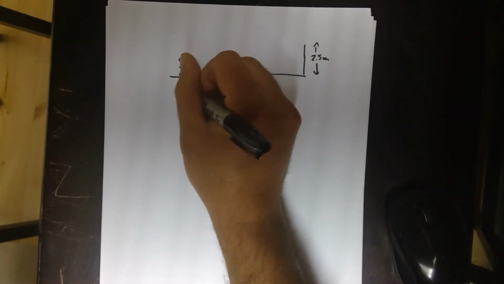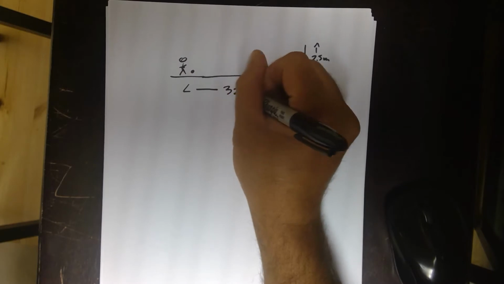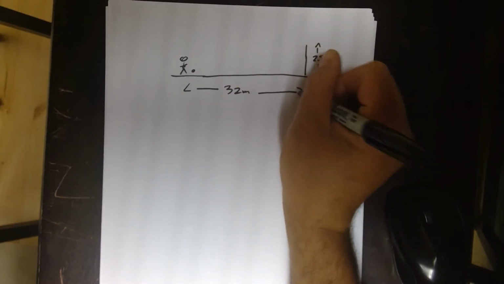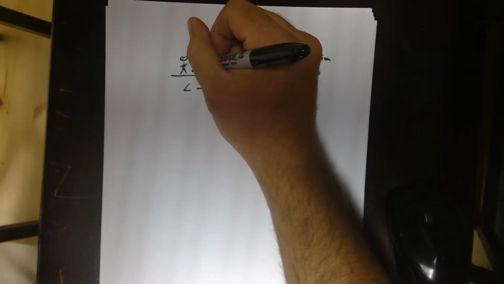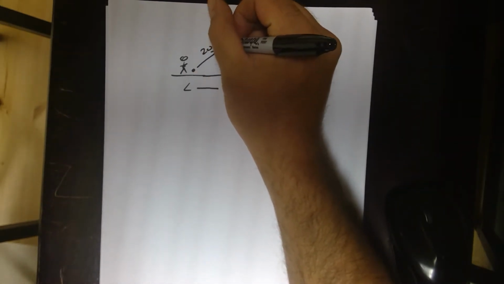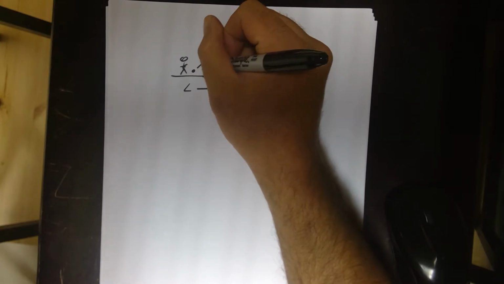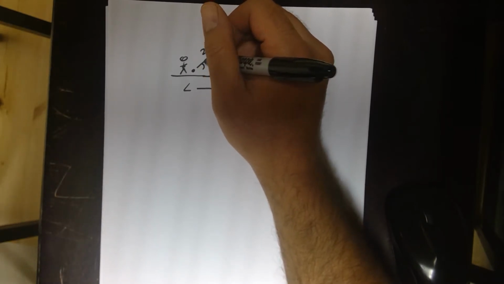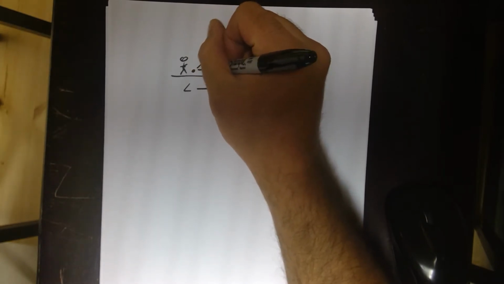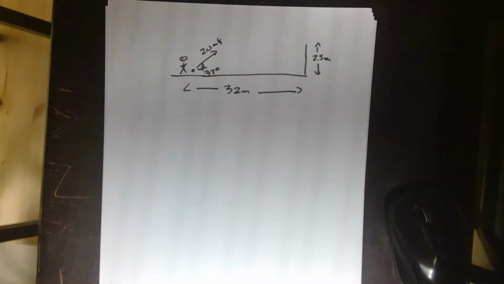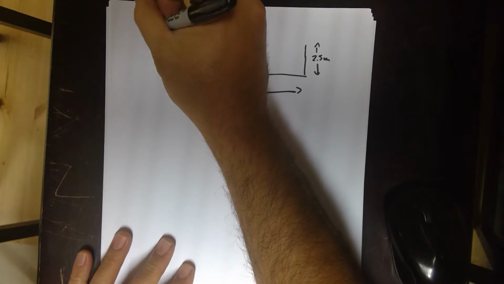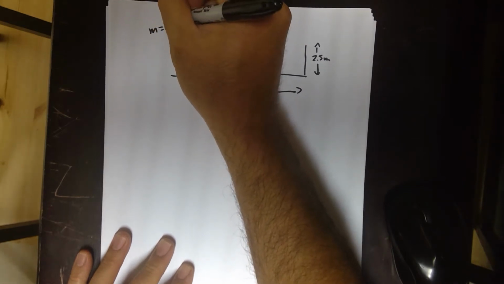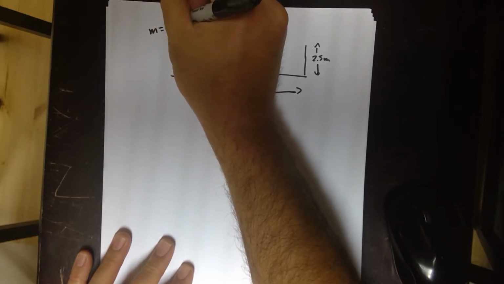It's 32 meters away horizontally, and we are told that the ball leaves at 20 meters per second, and the angle is 37 degrees with respect to the horizontal. Another thing we're told is that the mass of the ball is 0.5 kilograms.